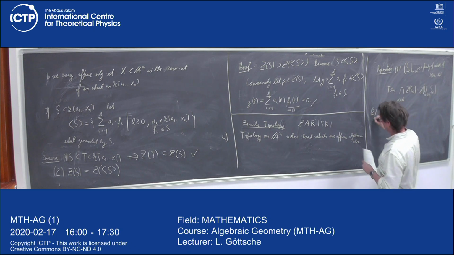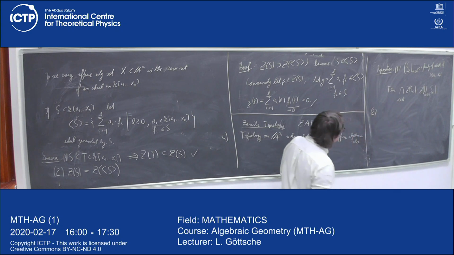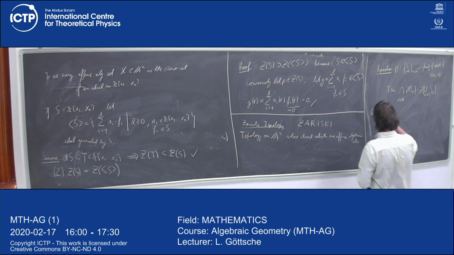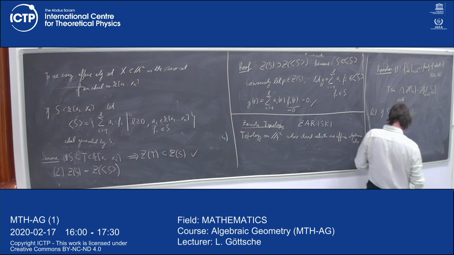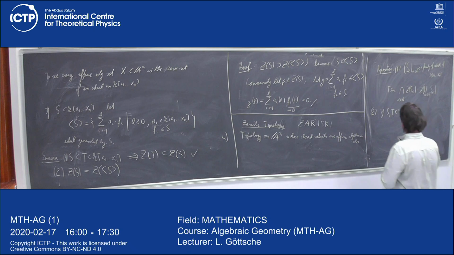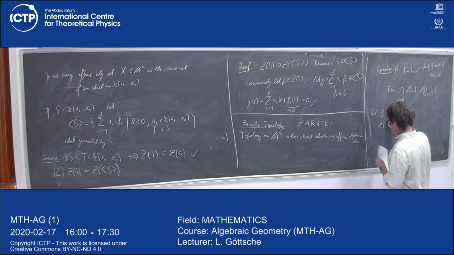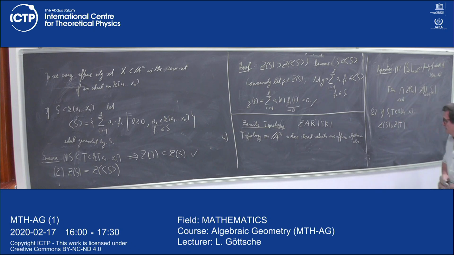And the second statement is, if I have two subsets, so if S and T are sets of polynomials, then the zero set of S union the zero set of T is the same as the zero set of what I could call S times T, where S times T is the set of all products of one element in S and one in T.